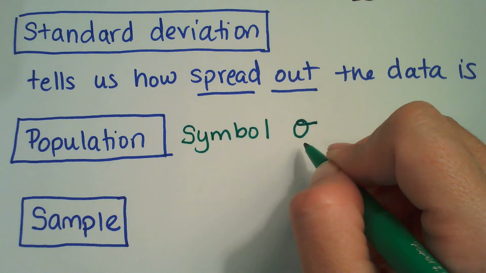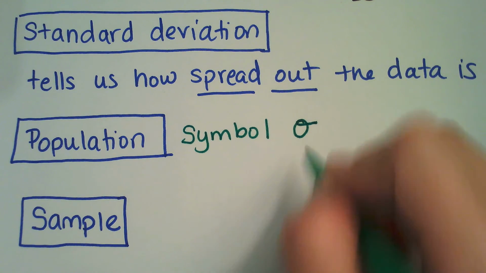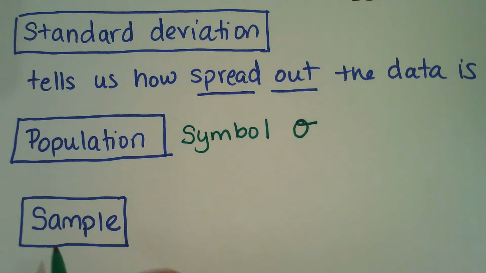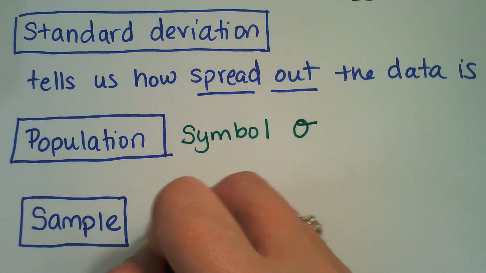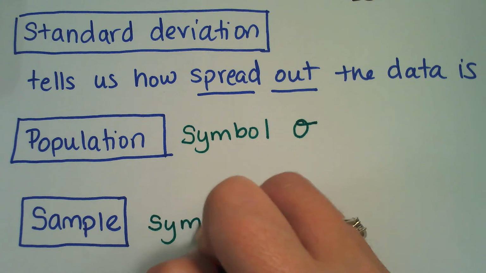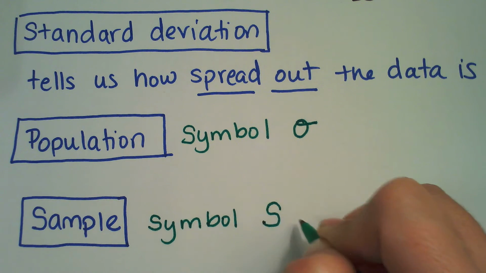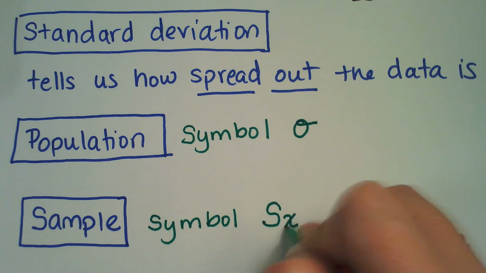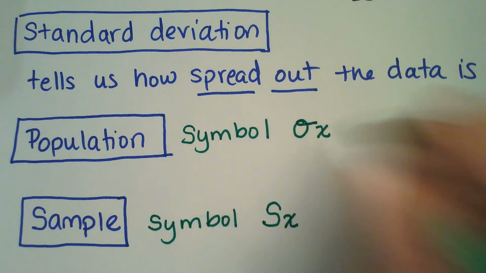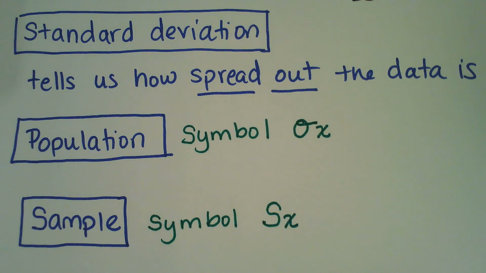They called it sigma. And if they say the word sample, well, the symbol that we'll be looking for is a capital S and then an X. I actually think that they have an X behind sigma as well, now that I think about it.